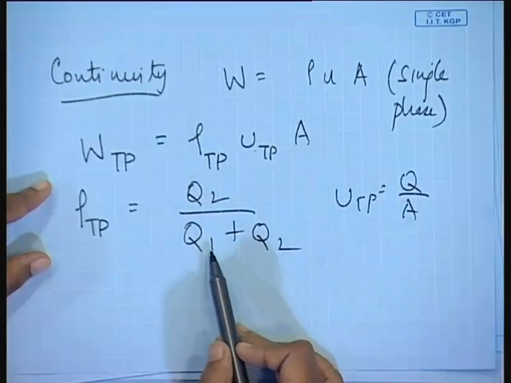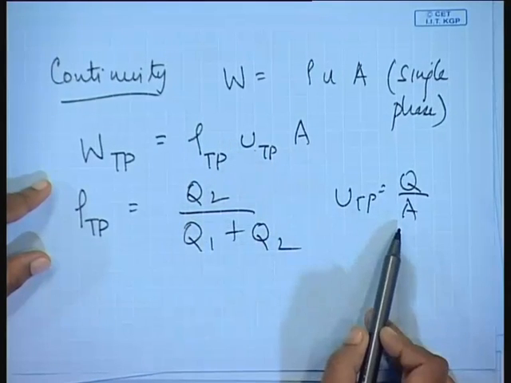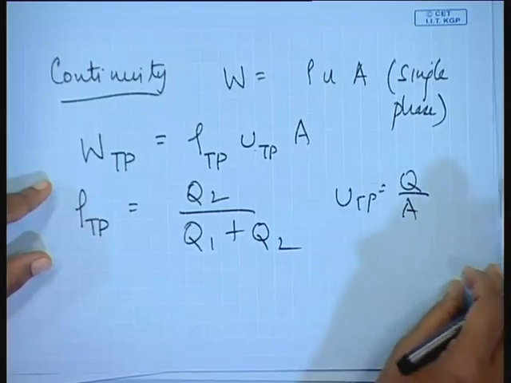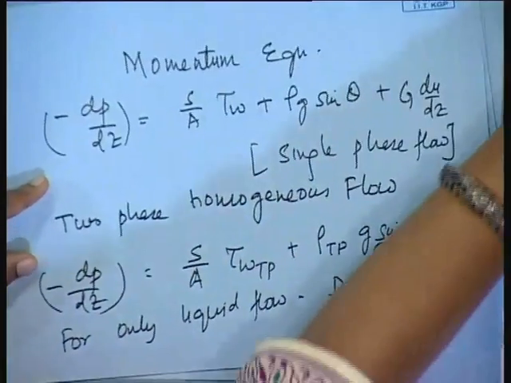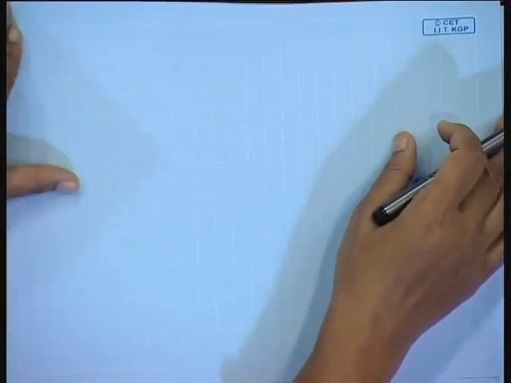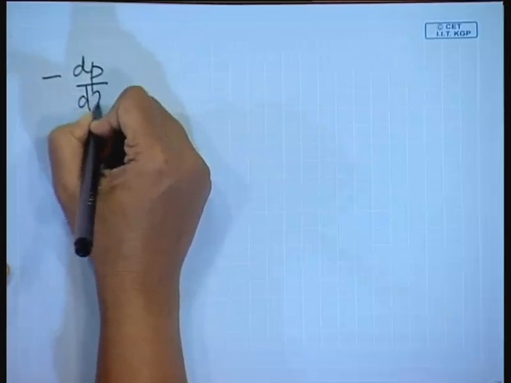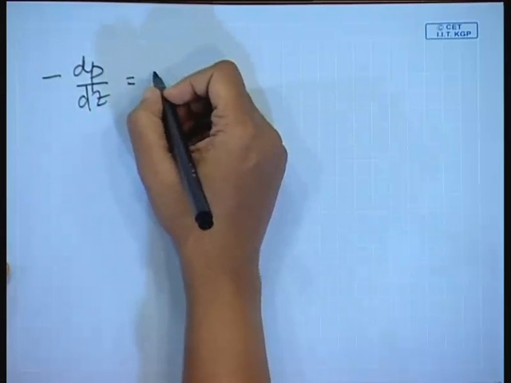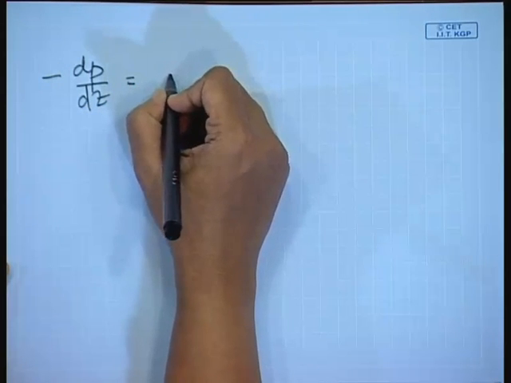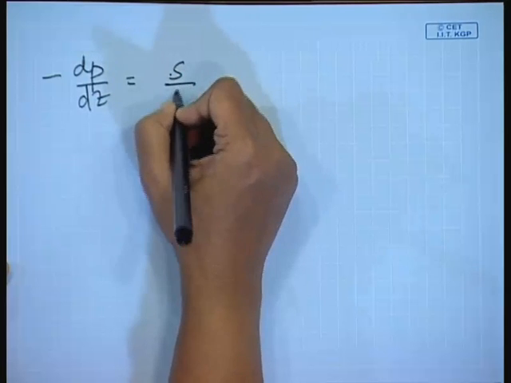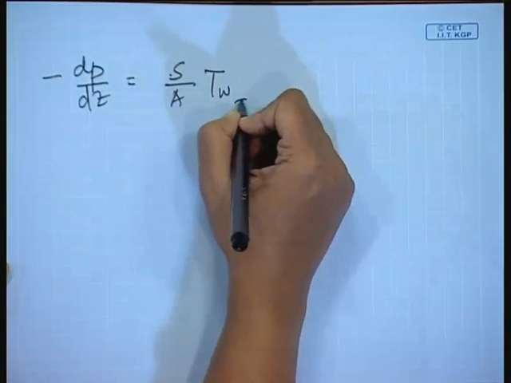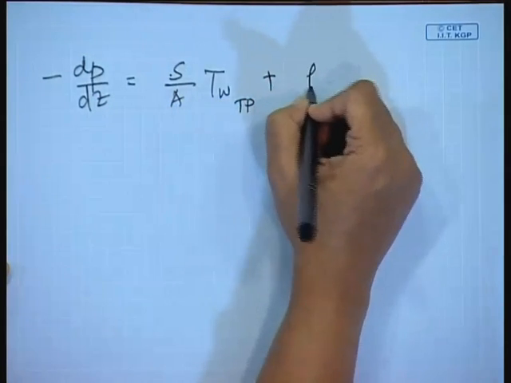Rho TP, which we can find out, u TP, that also is an input parameter. If we take up the momentum equation, well, let me write it down once more. Some sort of overwriting has taken place there. So, therefore, this is going to be equal to say minus dP dz frictional, or I will put it in this particular way itself.